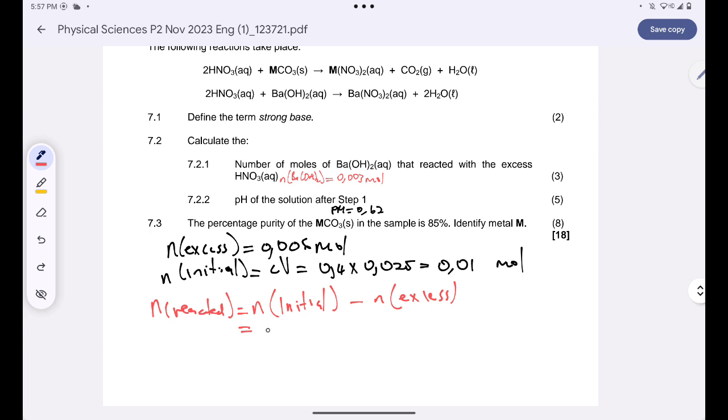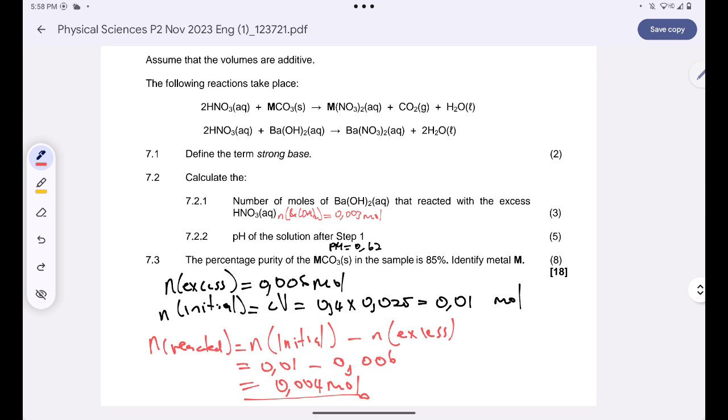So I'll simply have 0.01 minus 0.006. This will give me 0.004 moles. So I now know that 0.004 moles of the acid completely neutralized my metal carbonate.